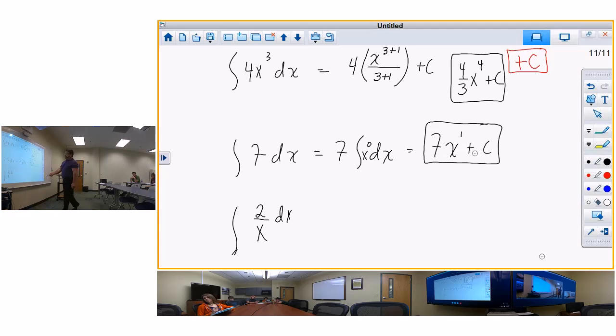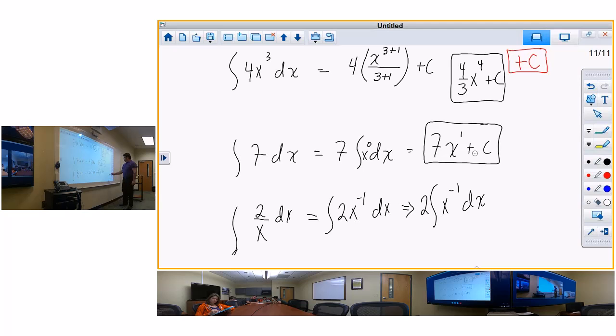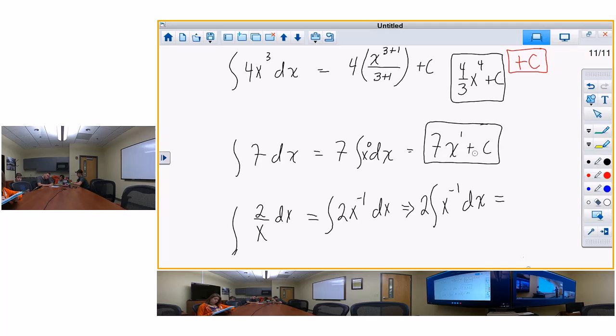What's the first thing you do on this one? Bring the x up. You rewrite, bring the x up, exactly. The antiderivative of 2x to the negative 1 dx. The 2 comes out. Antiderivative of x to the negative 1 dx.